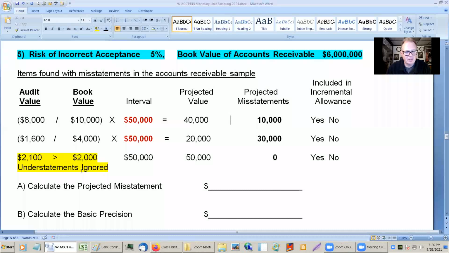Usually when you're doing sampling, if you find an error, it has some importance to it. For probability proportional to size, if it is an understatement, we ignore it. It's only supposed to find overstatements. If it finds an understatement, we throw it back. We don't do anything with it.